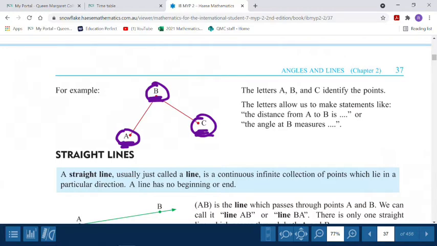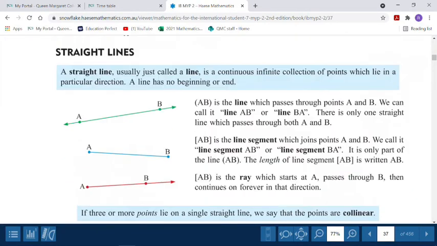Now we're going to talk about some lines. We talked about what a point is, and we'll build on that in a moment. A straight line is usually just called a line. You wouldn't need to say a straight line. If I say a line, then we typically think of a straight line. But there are, of course, lines that are not straight. We have curves.